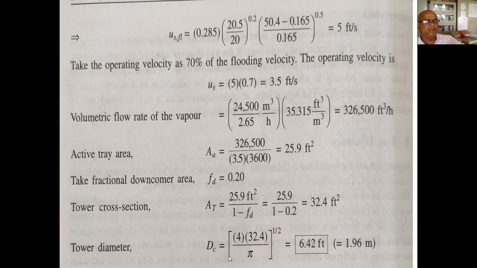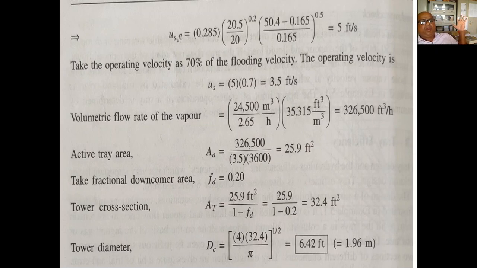Now area equals pi d square by 4, so accordingly the column diameter is 6.42 feet, which means 1.96 meter. Now 1.96 meter, 18 inch diameter, it is matching with this one.